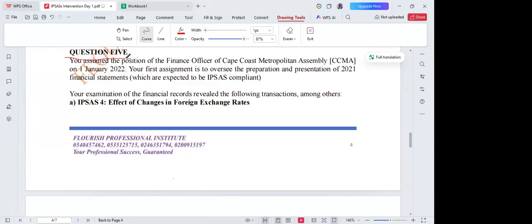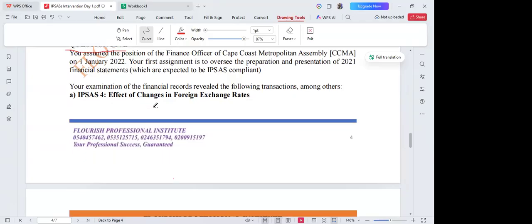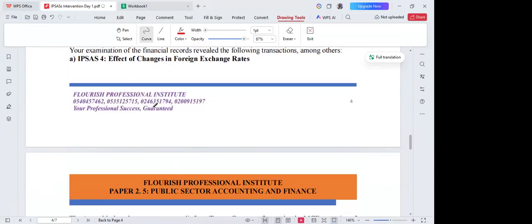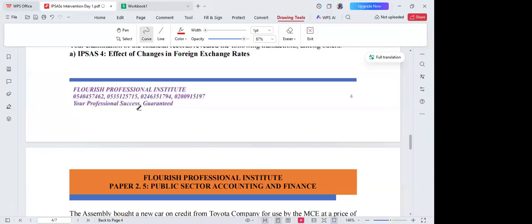You assumed the position of the finance officer of Cape Coast Metropolitan Assembly on 1st January 2022. Your first assignment was to oversee the preparation and presentation of 2021 financial statements, which were expected to be IPSAS compliant. Your examination of the financial report revealed the following transactions among others. A. IPSAS 12, the effect of changes in foreign exchange rates.